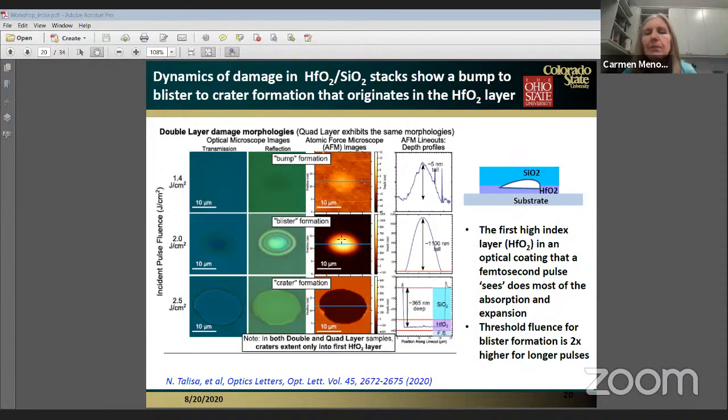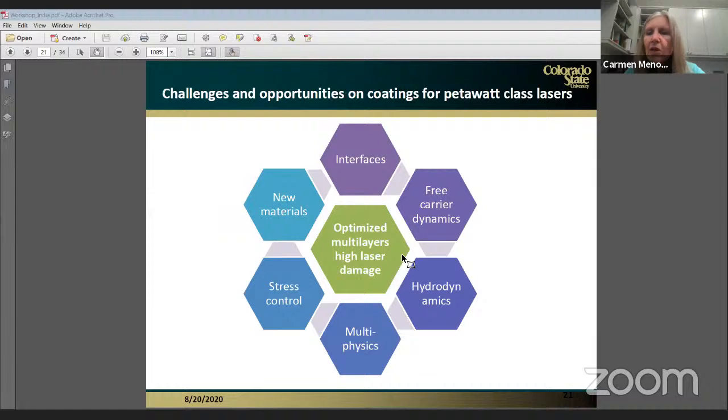So there is this bubble, it doesn't quite lead to damage unless the intensity increases, but it relaxes back whenever the laser is off. And so the way to think about it is that you have a relaxation process, but the damage occurs right here at the interface.